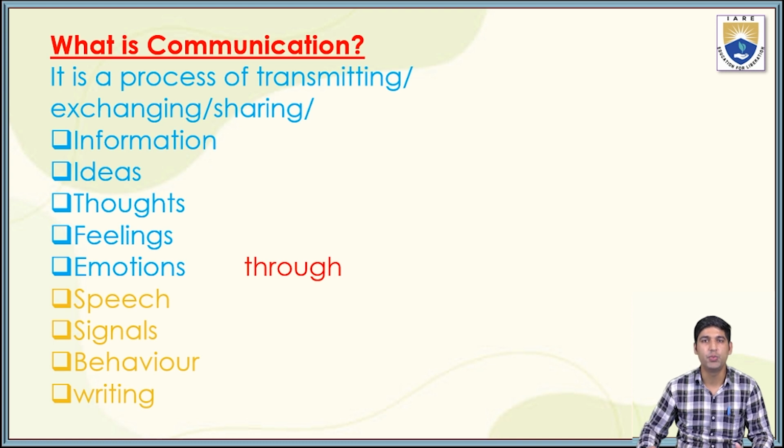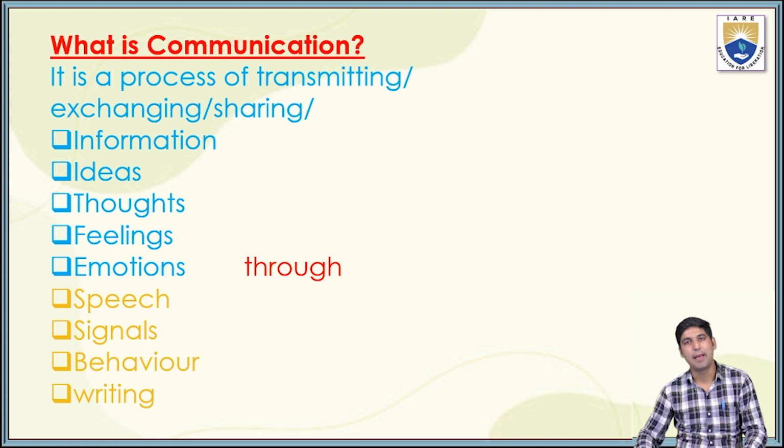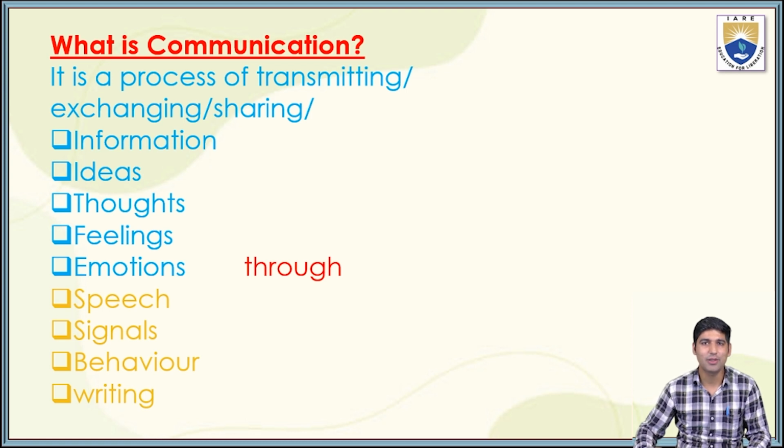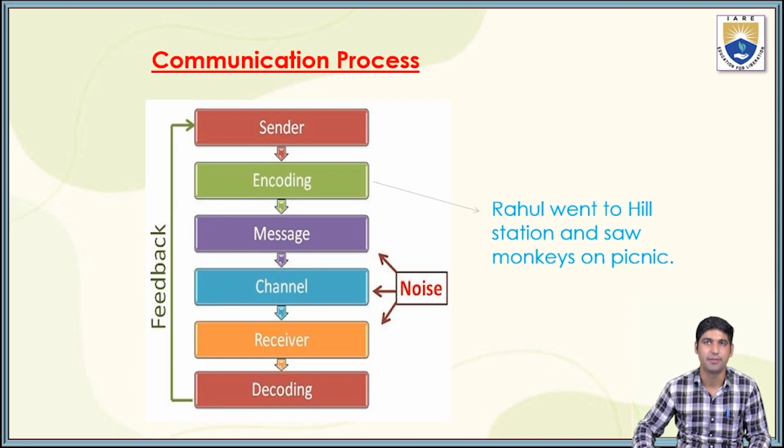We transmit, share, and transfer these sometimes through speech, sometimes through signals, sometimes through our behavior, and sometimes through writing. So these are the common mediums, common channels by which we transmit our information.